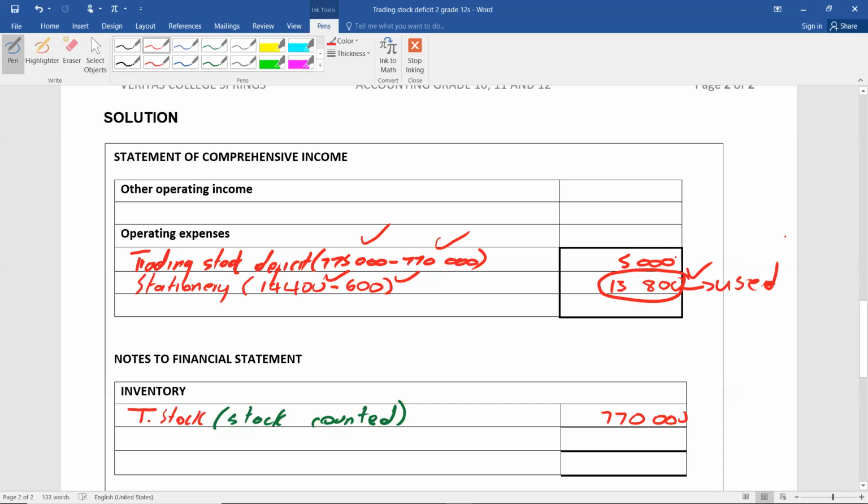I don't care what your IQ level is, this is for a normal person, basically a grade 8 learner. Whatever comes in here must be stationery used. This is what comes to your income statement.